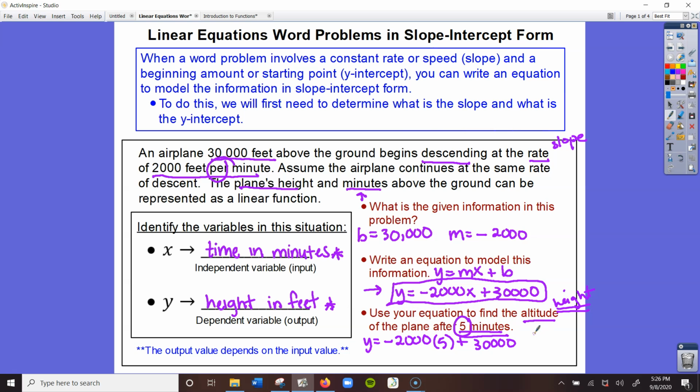Then we just work this out. Negative 2,000 times 5 is negative 10,000, plus 30,000 is going to give me 20,000. And remember, since we're solving for y, which represents height, this is in feet. So after 5 minutes, this means that the plane has a height of 20,000 feet.